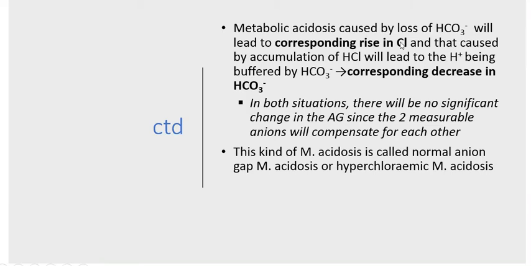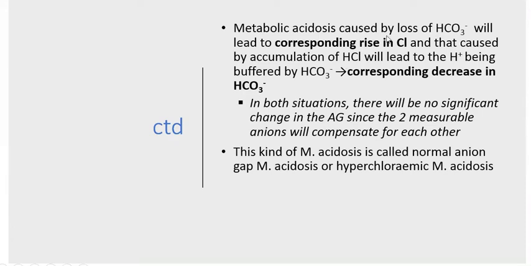So bicarb and chloride are usually the main anions. So chloride will correspondingly increase because of a loss of bicarb, to maintain the electroneutral state of body fluids, right? So when that happens, you have an increase in chloride, and then you have an increase in hydrogen chloride, which is acidic, right? However, you're also going to get an increase in bicarbonates to compensate for the increase in hydrogen chloride.